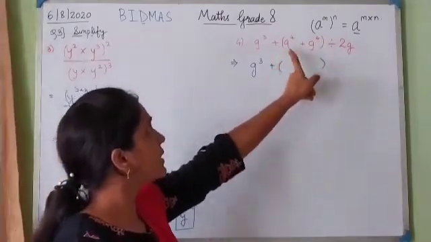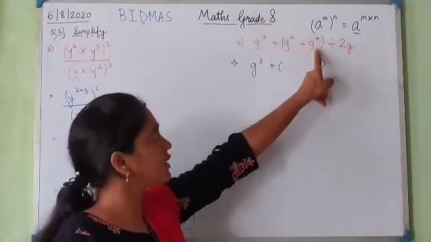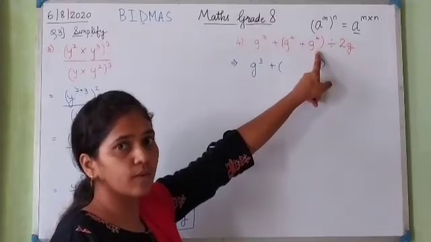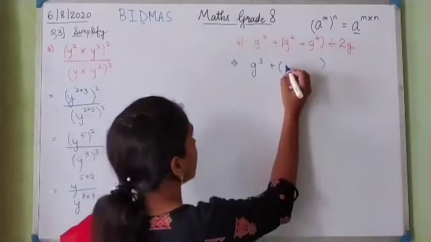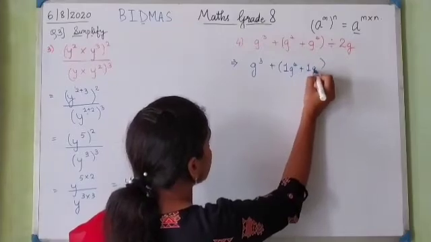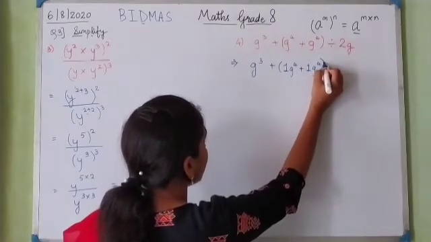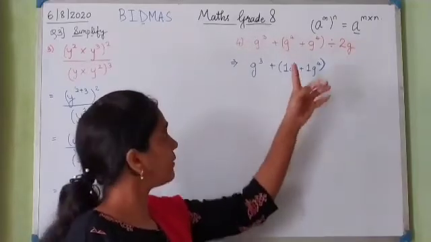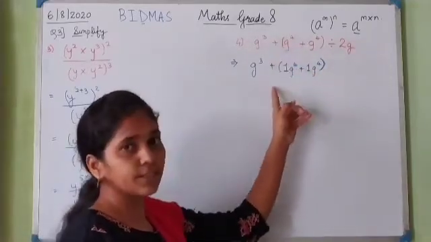But what we can do is, this is g raised to 4 and this is also g raised to 4. So we can write this as 1g raised to 4 and this also 1g raised to 4, right? So we write it as 1g raised to 4 plus 1g raised to 4. Why did I write this 1 here? Just to make it simpler. If there is no number before g, that means there is 1.